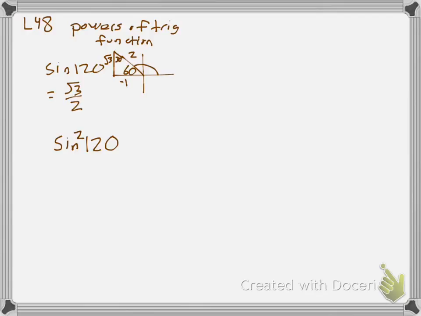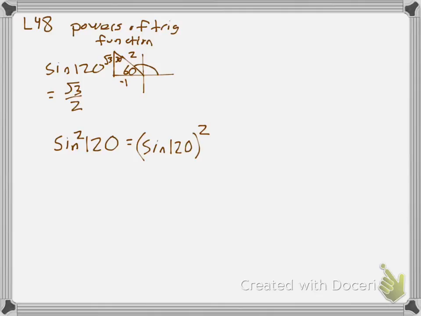Now, why does it mean that? Well, they write the squared on the sine, and not at the end, because this can get a little confusing sometimes. It just means the function evaluated at that angle squared.